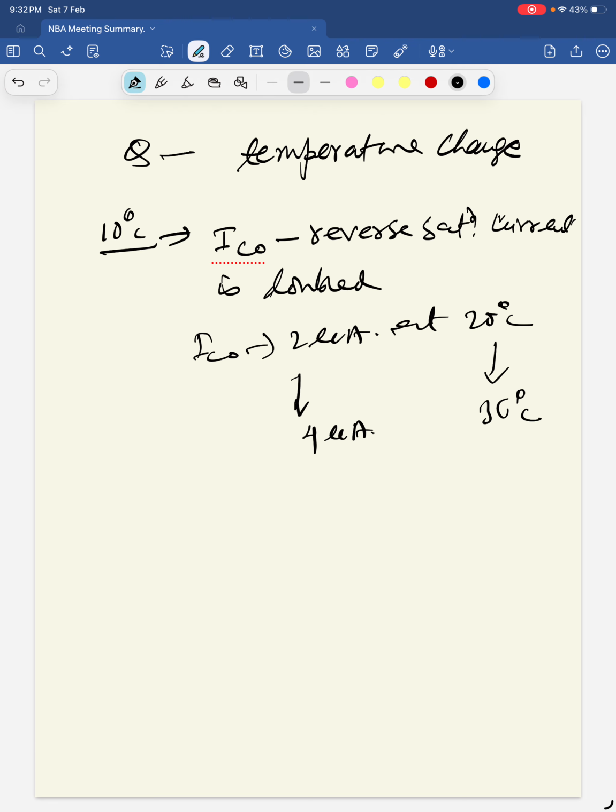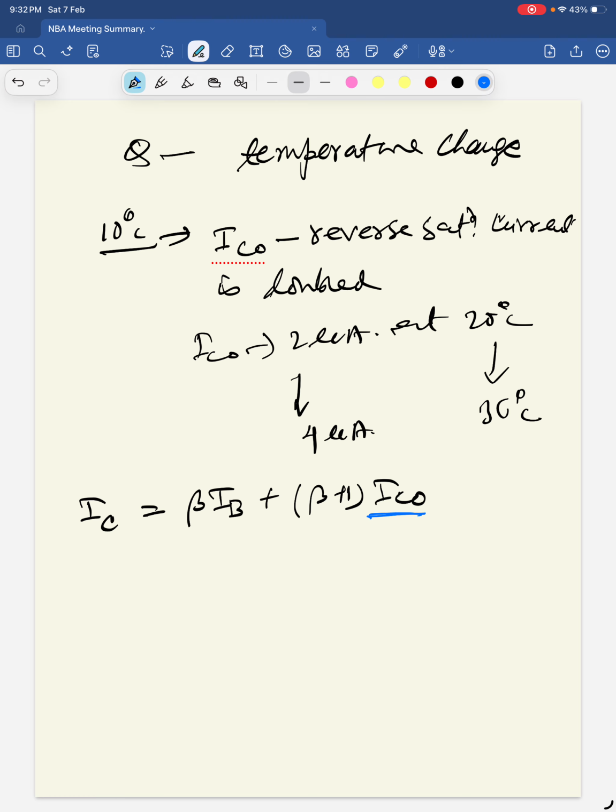Now we know that if ICO changes, then what will happen? We know that IC, the collector current, is equal to beta IB plus (beta plus 1) into ICO.